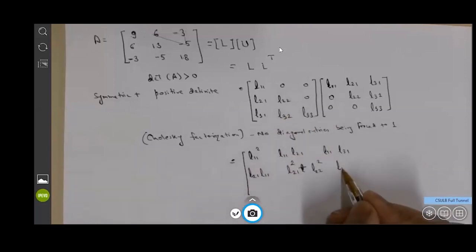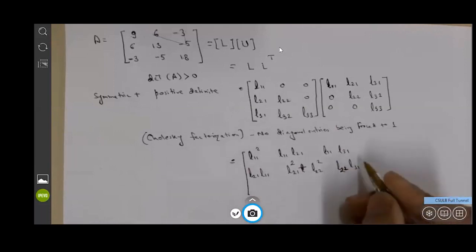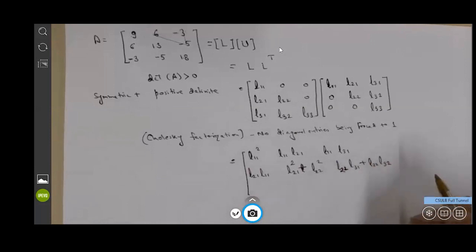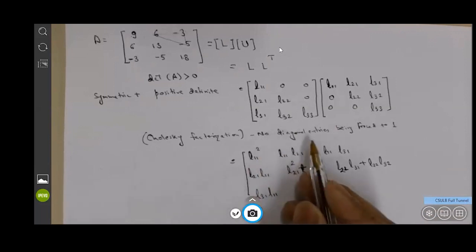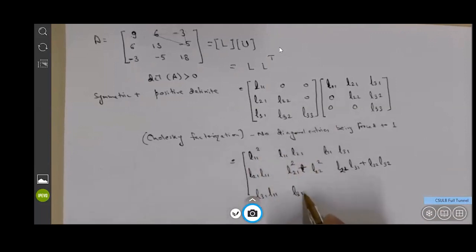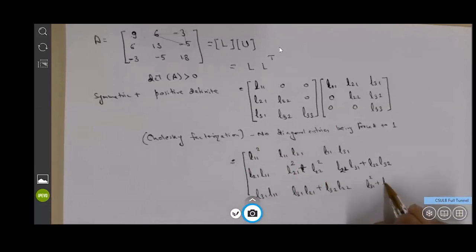And correct me if I'm wrong. I'm just multiplying it. If you see I'm making some mistake, please correct me. Plus L22 times L32. This will be L31 times L11. This will be L31 times L21 plus L32 times L22, and this will be L31 square plus L32 square plus L33 square.